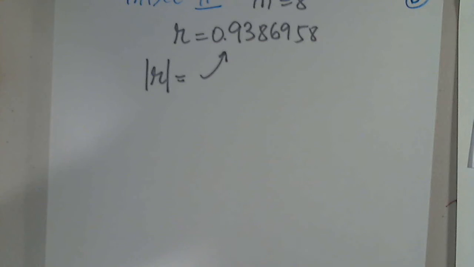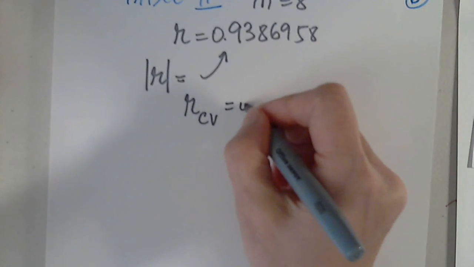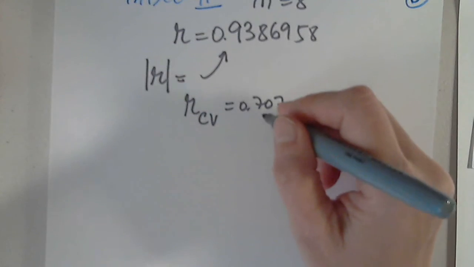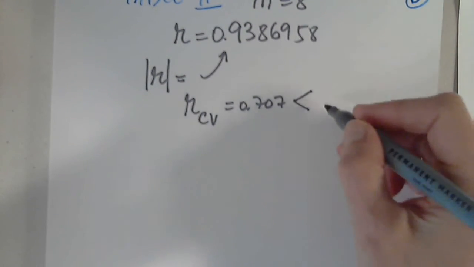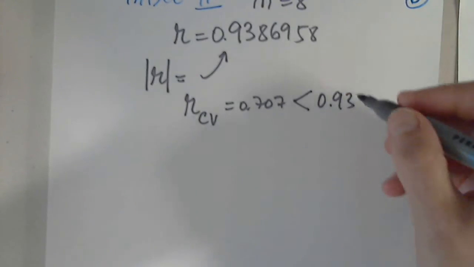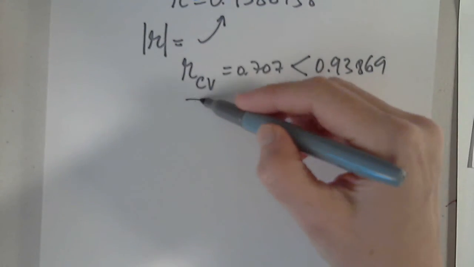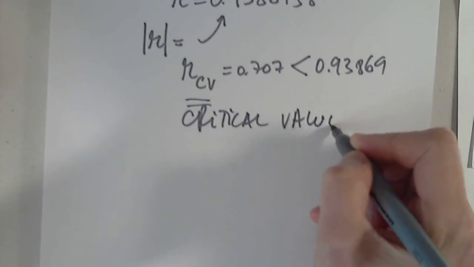The correlation coefficient gives us a critical value. This is the critical value. I'm going to write that down: 0.707. So R critical value 0.707. I'm going to stop sharing before I forget, because this number, R, is bigger than the critical value.